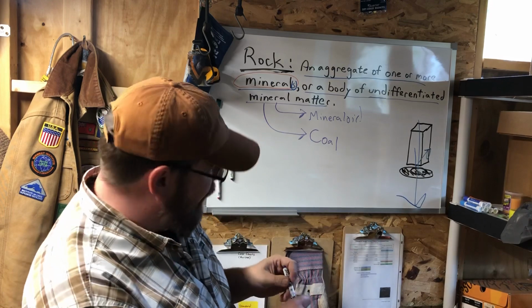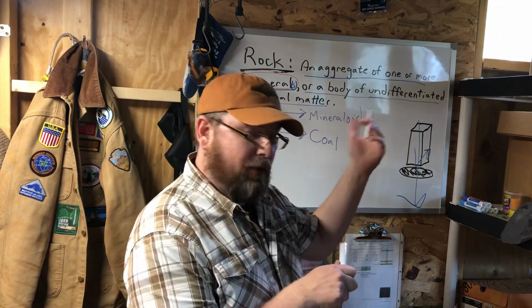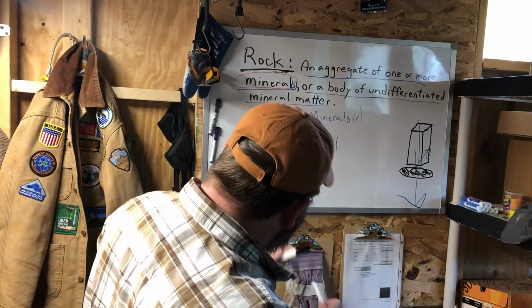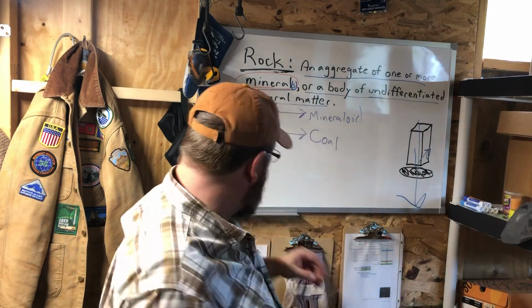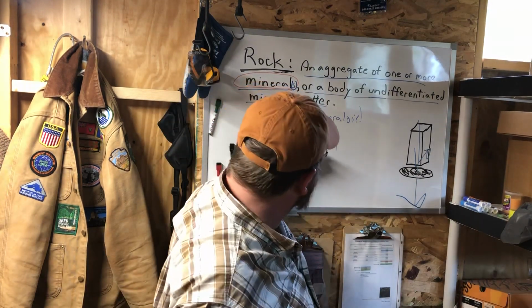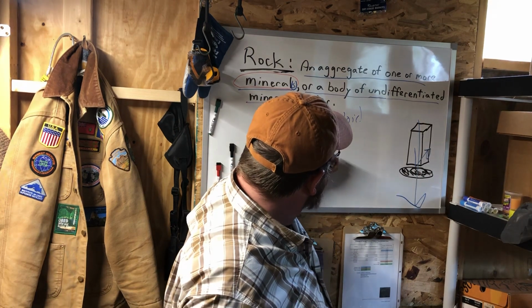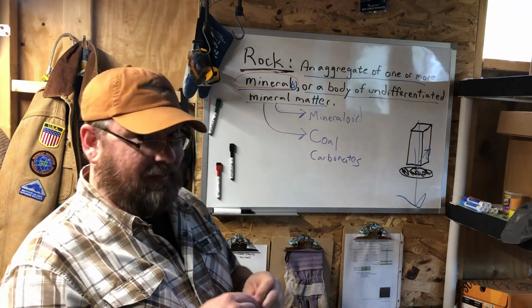The reason we've done this, which I already went over, is because there are some long-standing things in geology that were considered rocks. Carbonates is another one. But we're going to talk about coal because that's the one I left out.